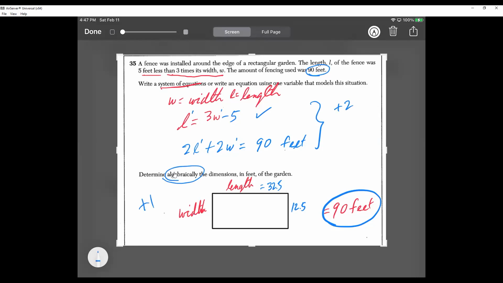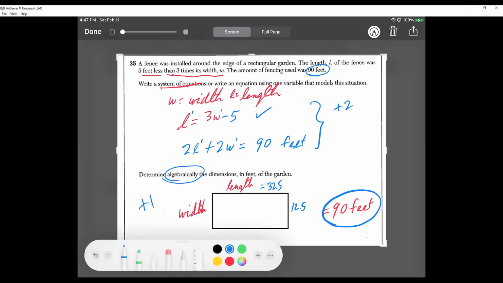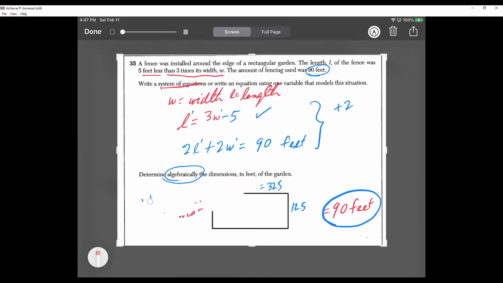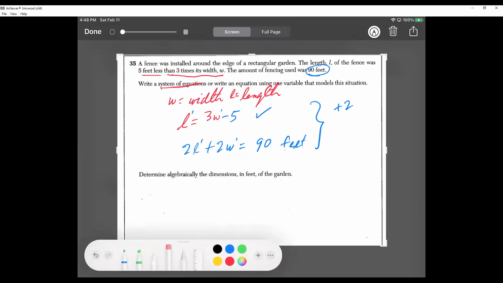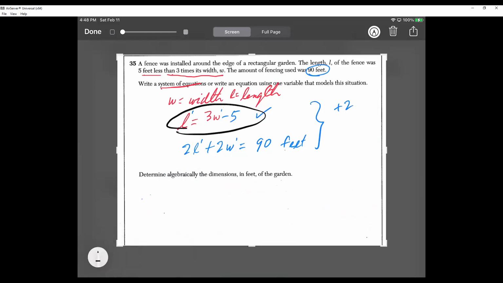If we wanted to do it algebraically, let me do that real quick. I'm going to erase some of this so that I can show you the algebra. I'm going to take this equation, and wherever I see an L, I'm going to substitute in 3W minus 5.